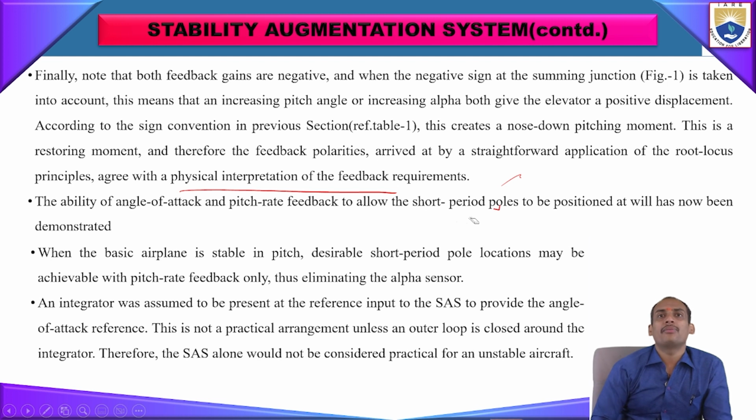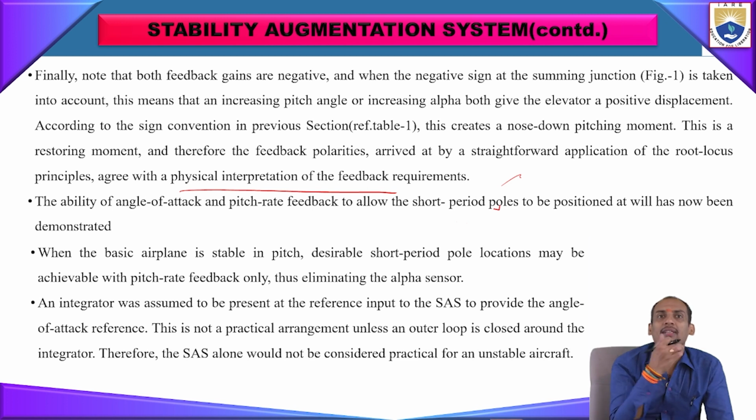So the ability of angle of attack and pitch rate feedback to allow the short period poles to be positioned as desired has been demonstrated now. The pitch rate and the negative angle of attack feedback significance have also been given with the root locus. When the basic airplane is stable in pitch and the desirable short period pole location may be achieved with pitch rate feedback, then that eliminates the alpha sensor.